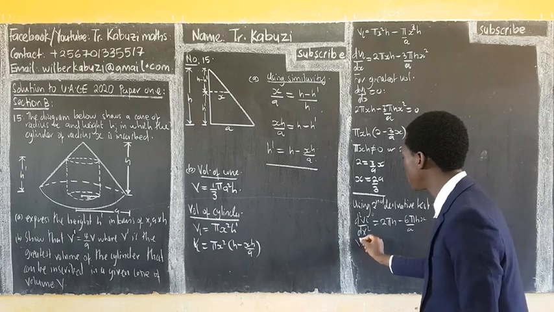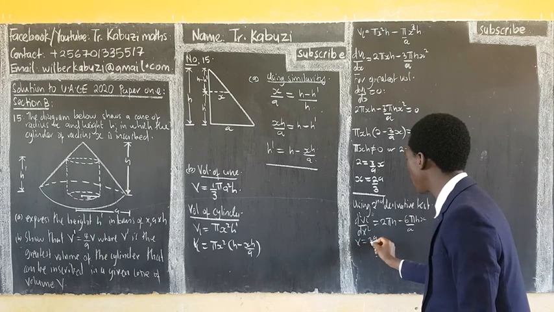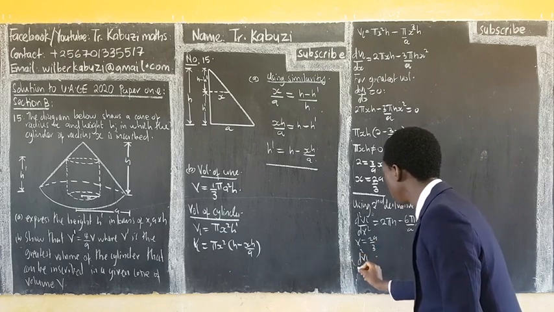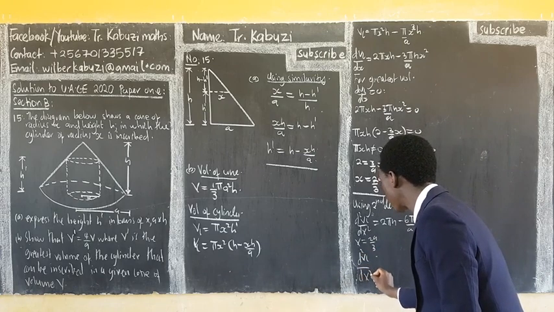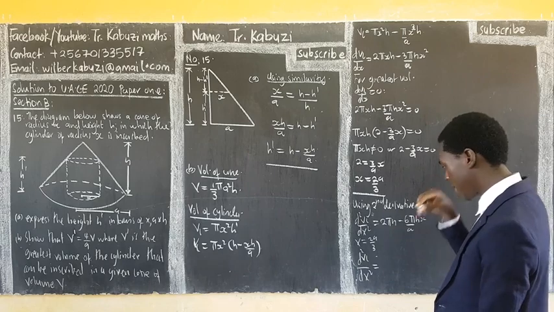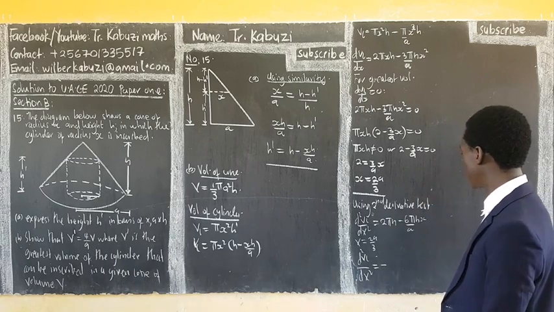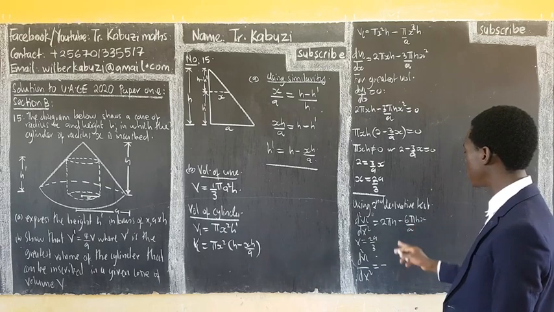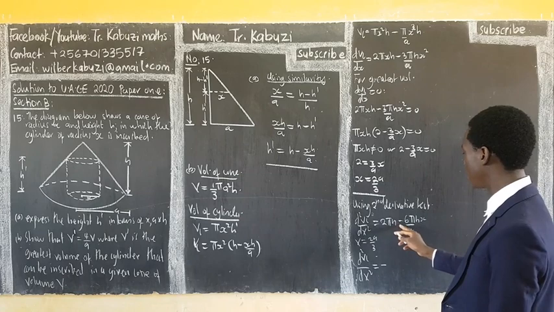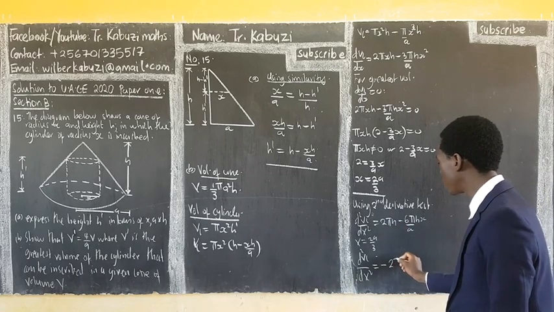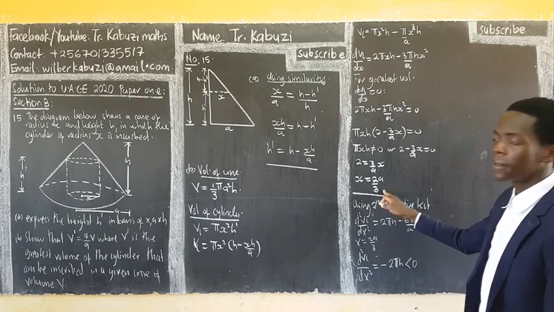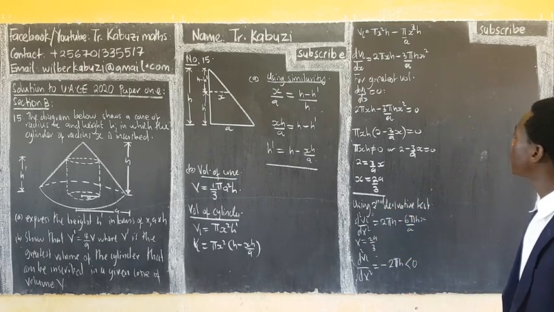When I substitute x equal to 2a over 3, the a will cancel, and I'll be having 4 pi h. So 2 pi h minus 4 pi h, I get negative 2 pi h, which is less than 0. Hence this is going to give us the maximum volume.